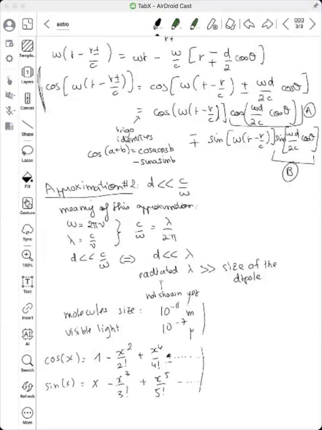Okay, so this means that A can be approximated by 1, and these are A and B from the derivation above. So B is approximately what?